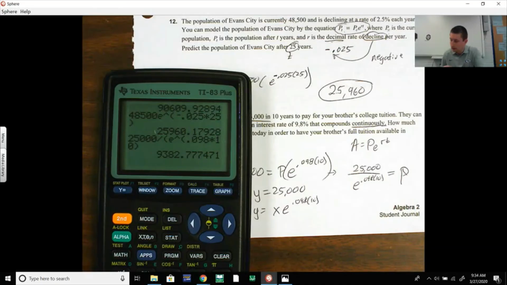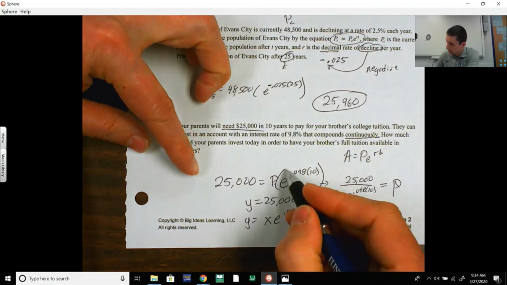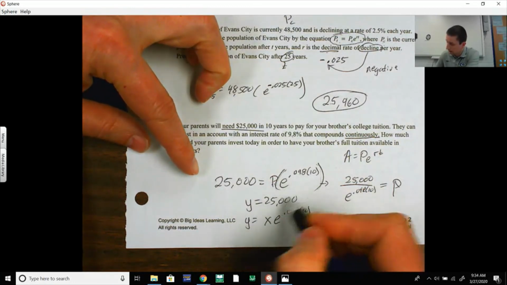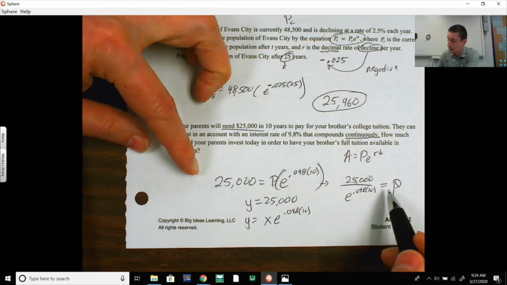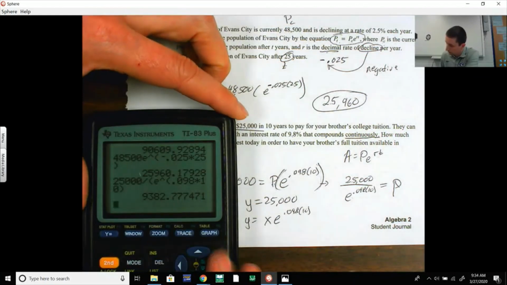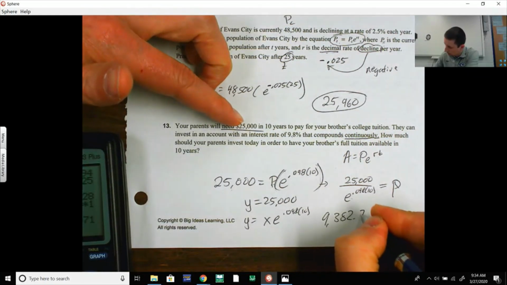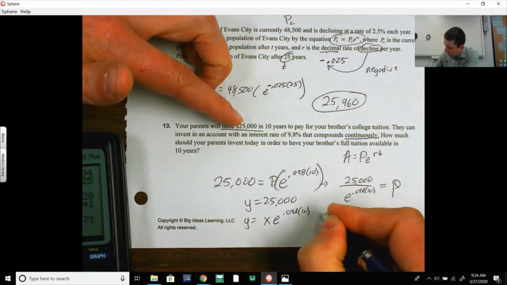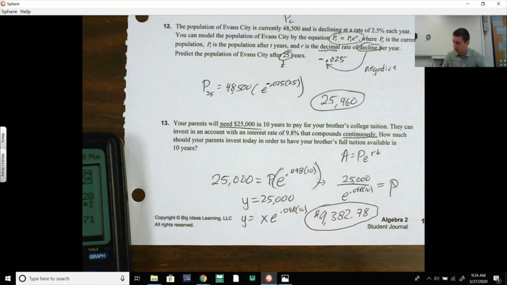Sorry. Okay, so if you take this, you're solving for P, just take this value, that's a number, divide it over, so 25,000 divided by e to the 0.098 times 10, that's going to give you a P value. You get 9,382.78 both ways. So you need $9,382.78 to invest. Okay, and then after 10 years, you'll have your 25,000.